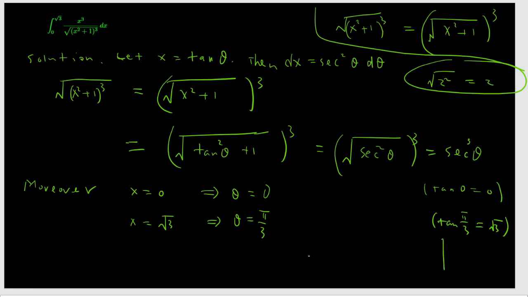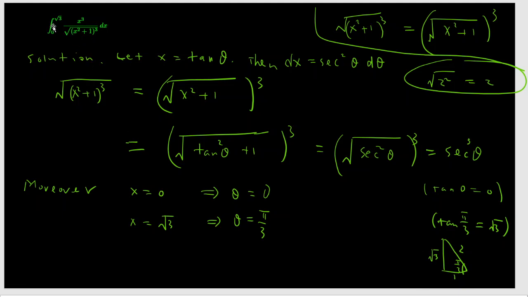Alternatively, you draw a triangle, something like this. One leg is 1, the hypotenuse is 2, and this leg is square root of 3. Tan is opposite over adjacent, so that's pi over 3, right? Whatever way you want to use, the theta value is pi over 3.